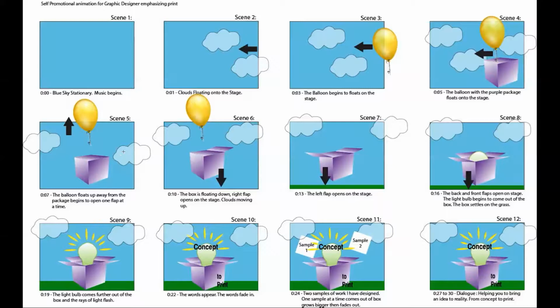Then we would place the clouds here in these positions, and that would be basically the end of their right to left movement.